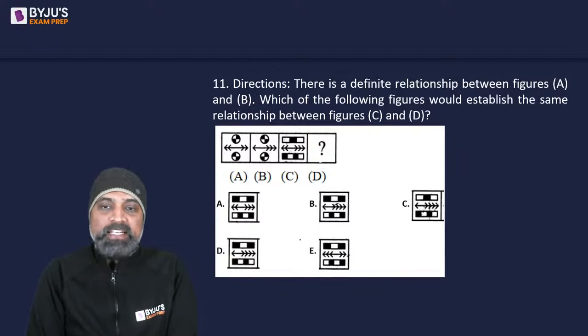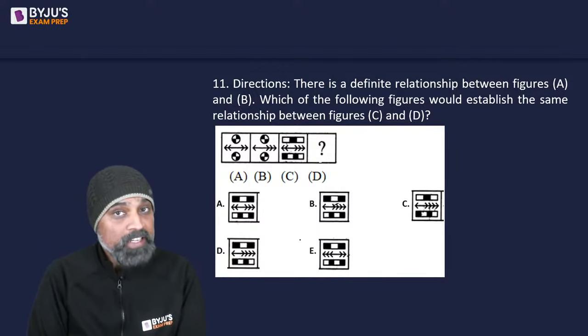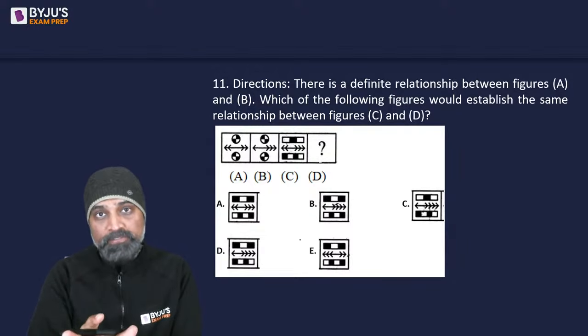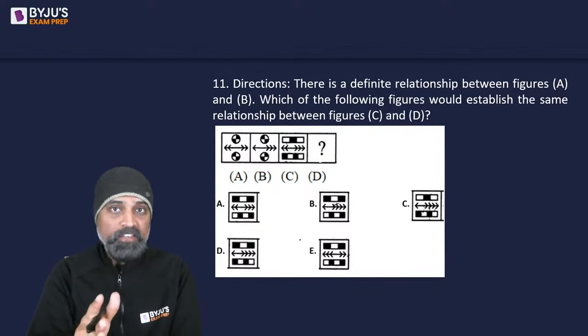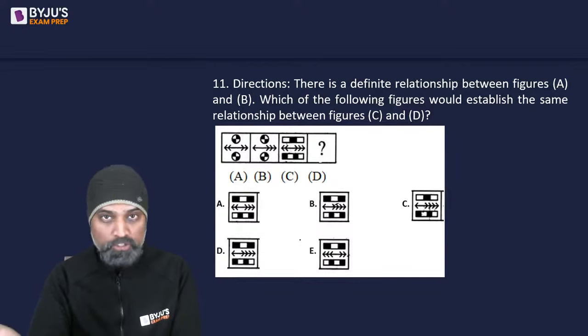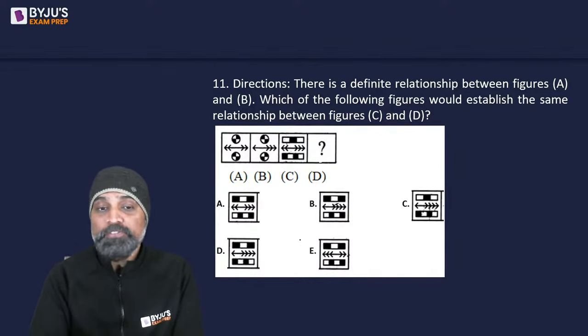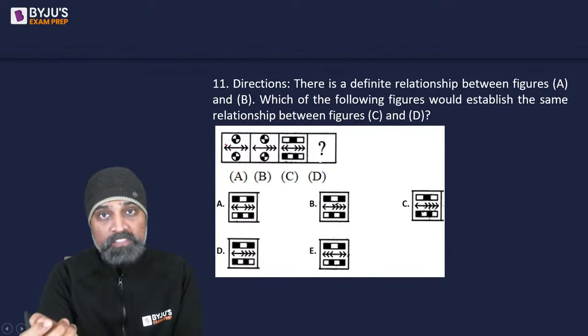Now, there is a definite relationship between figures A and B, the kind of question I was talking about earlier. A and B are related in some way. In this very same way, logically, C and D should also be related. We need to find out which one should be the D figure. Between A and B, let's look at the arrow.